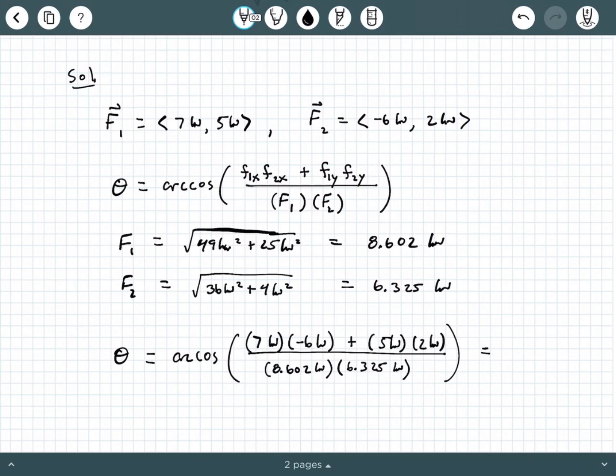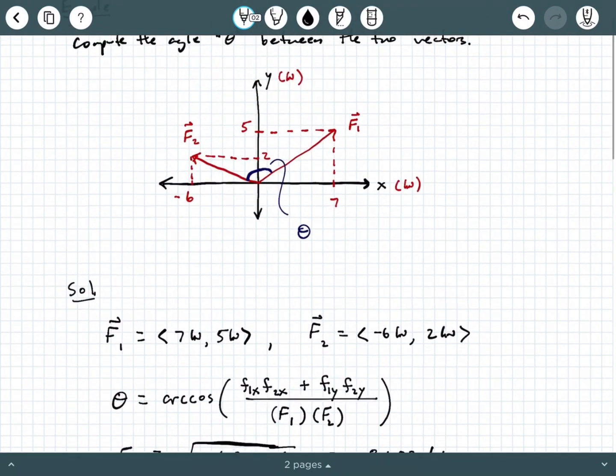I'm in degree mode right now, by the way. I got 7 times negative 6, and I add that to 5 times 2. Then we divide all of that by 8.602 times 6.325. Then we take the arc cosine of that value, and I end up getting an angle of 126.03 degrees. And that is my answer.